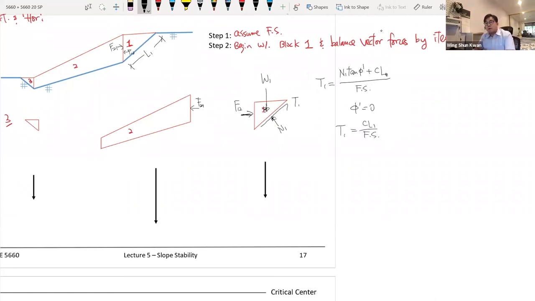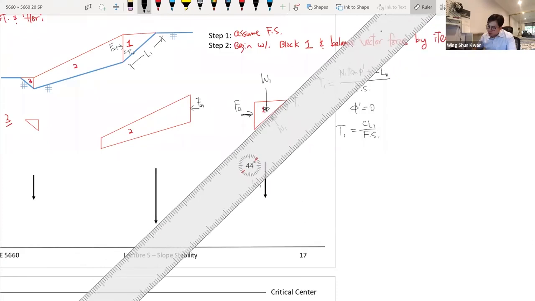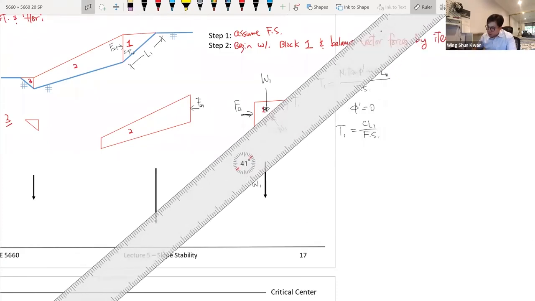So that will make our life a little bit easier if this is a cohesive material. There's no friction angle. So you know your W1. And now you know the orientations of T1. So this is your T1, and you can calculate this.